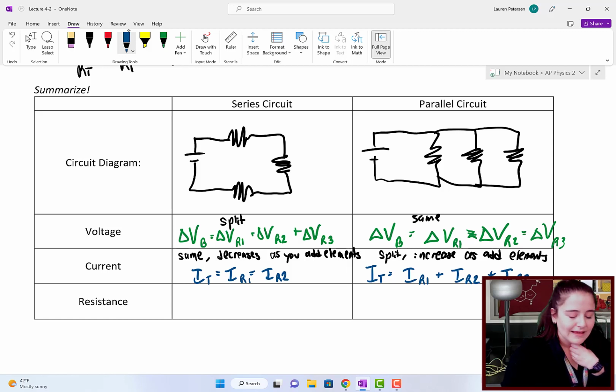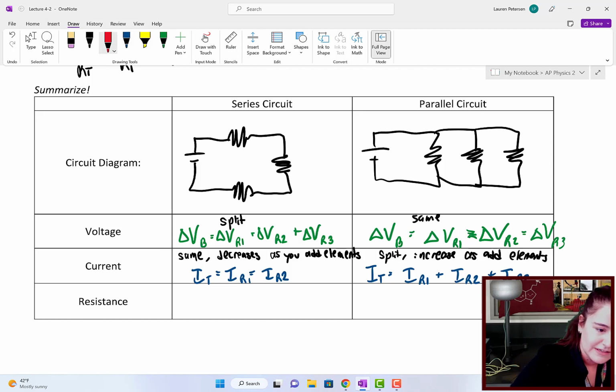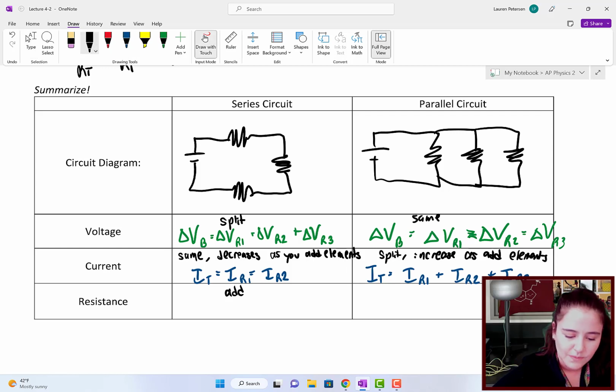And then for resistance, in series the resistance will always add directly, whereas in parallel it will do that inverse. So 1 over the R total equals 1 over R1 plus 1 over R2 plus 1 over R3.